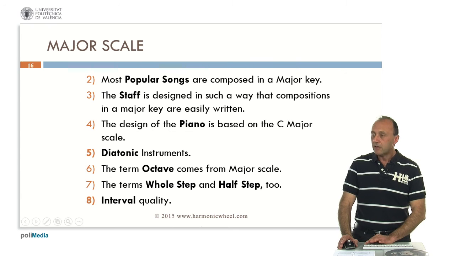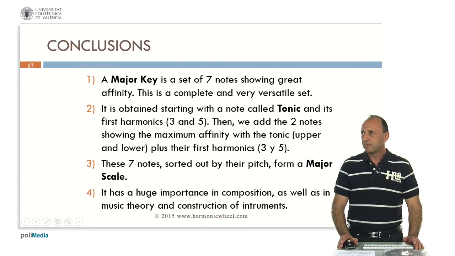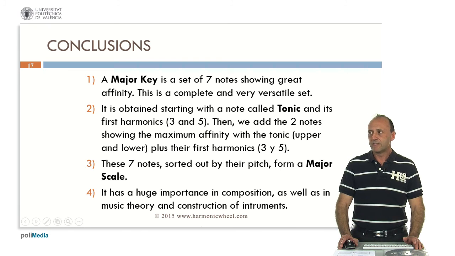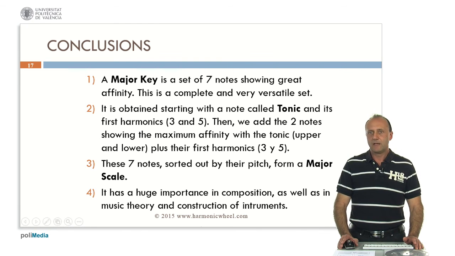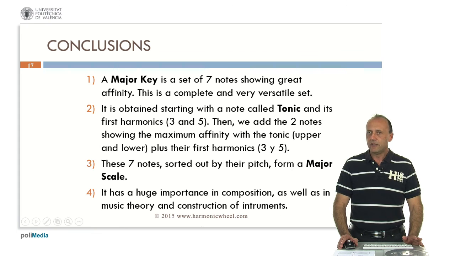As conclusions, we can say that a major key is a set of 7 notes showing great affinity among them. This is a complete and very versatile set. It is obtained starting with a note called tonic and its first harmonics, 3 and 5.